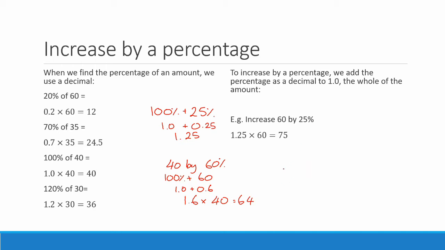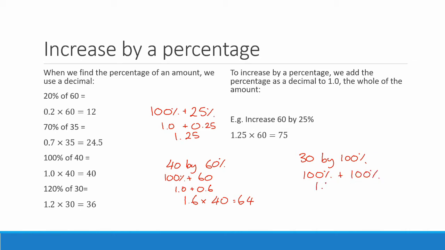Alright, I'm going to try one more. I'm going to increase 30 by 100%. Okay, so when I'm increasing by 100%, I'm keeping my original 100%, and I'm going to add on to it a whole other 100%.